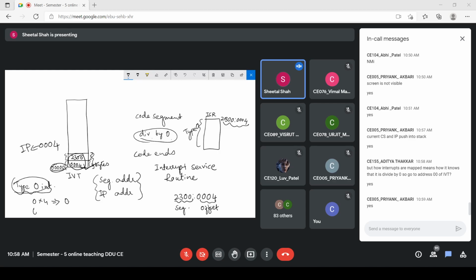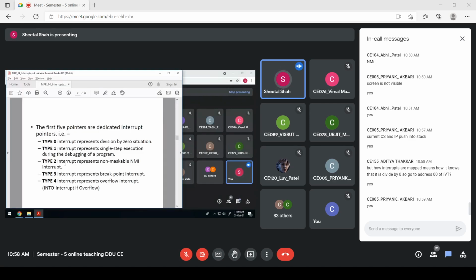Now 0 into 4 plus 2, that is 0 plus 2, is the address 00002. At this address we have the segment value, that is 2300, and this 2300 would be copied into the CS register. Is it clear now?